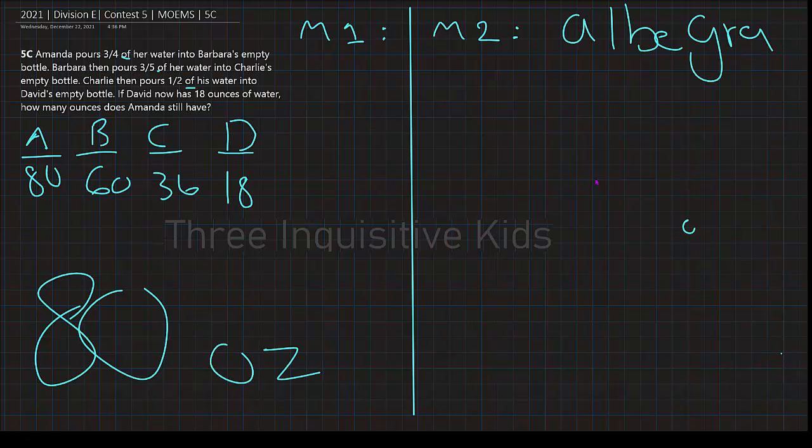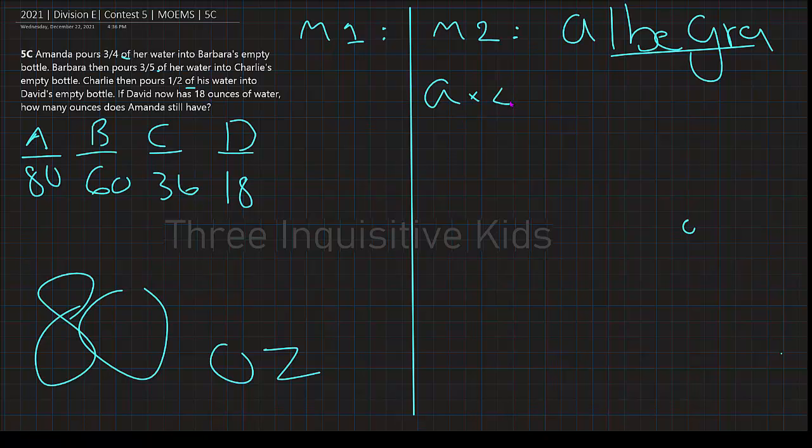Now, to those of my friends who have studied algebra, we can also apply algebra to this problem. First, we can set Amanda's original amount of water as A. Now we're going to multiply the fractions because we see the word "of" quite a lot.